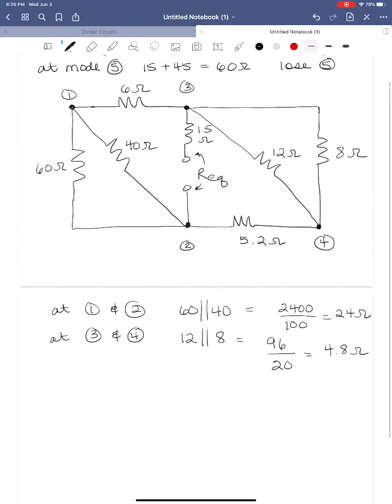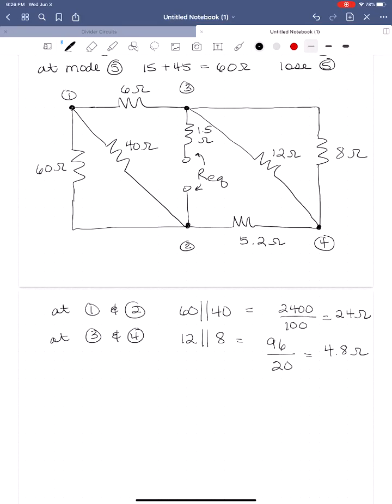And again, it makes sense to start with what we haven't done anything with. So I'm going to try to do that without losing that picture. Between node 1 and node 3, we have the 6 ohm resistor. We haven't done anything with that. And here we have the 1.5 ohm resistor. We haven't done anything with that.